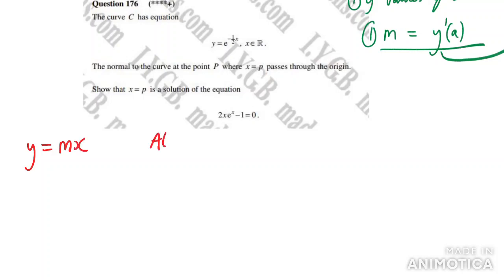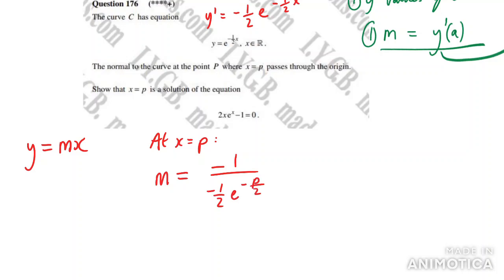And at x equals p, we have that m is equal to, well, it's a normal, so it's minus 1 over y dash, which is minus a half e to the minus half x. Okay, and it's at that point x equals p, so it's minus 1 over minus a half e to the minus p over 2, which we can simplify as 2e to the p over 2.